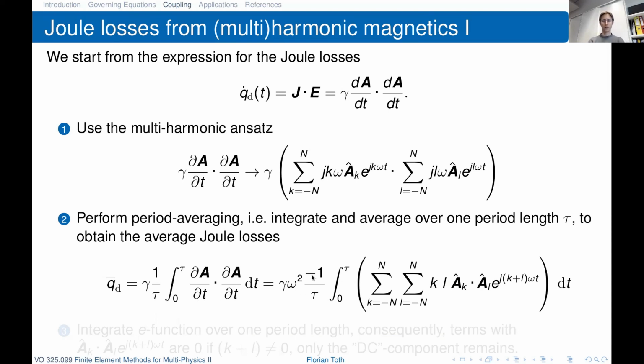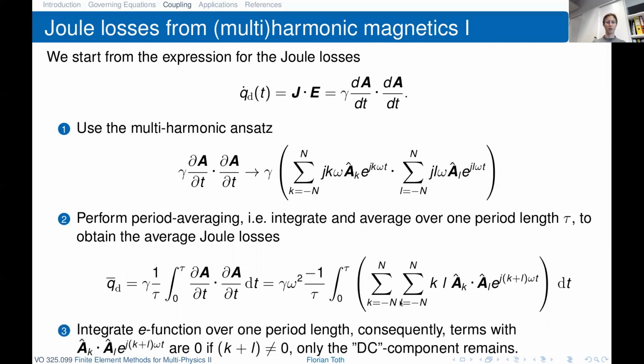And if we insert this lengthy double sum here, the product of the two sums, we can write it as a double sum with different indices, and we can use a trick when we integrate over a complete period. Most of these terms will actually be zero. So only a sort of DC component remains.